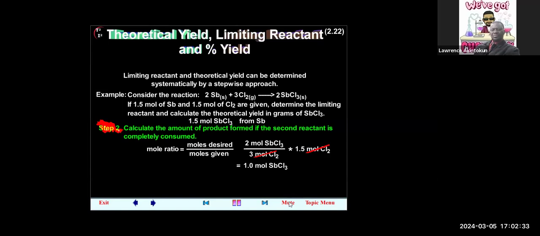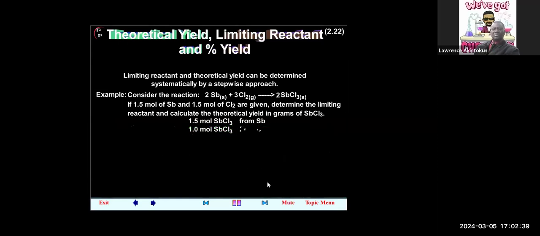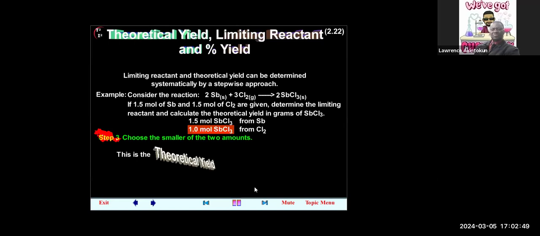Equals 1 mole SbCl3. Step 3. Choose the smaller of the two amounts. This is the theoretical yield.